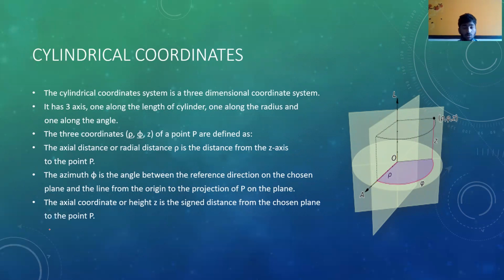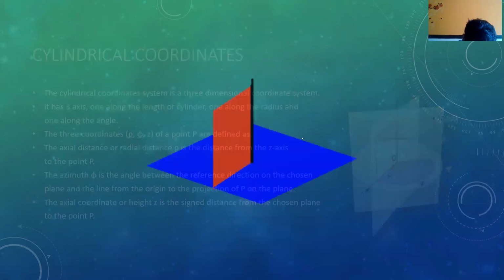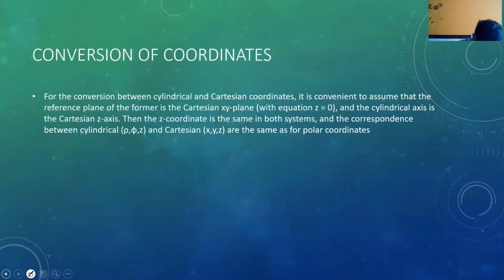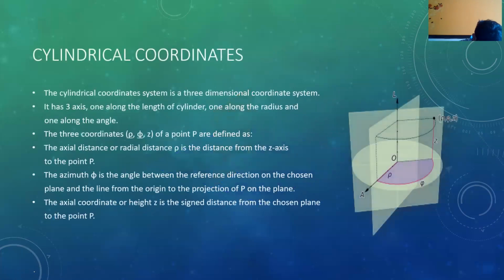The three coordinates rho, phi, z of a point P are defined as follows. Rho is the axial or radial distance, the distance from the z-axis to the point P. The angle phi is the angle between the reference direction and the projection, z is defined as height, and rho is defined as the radius.